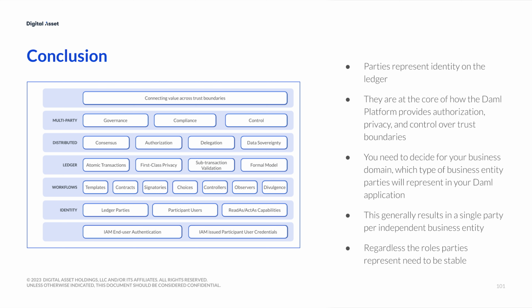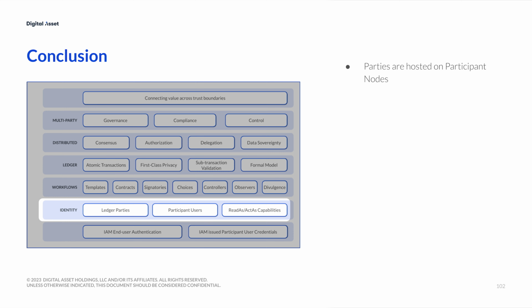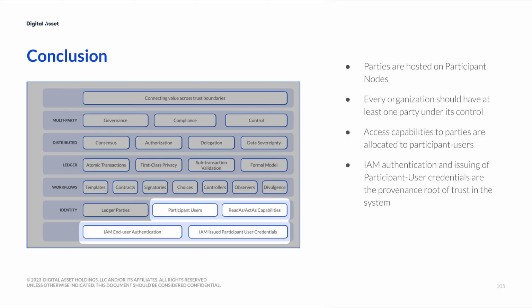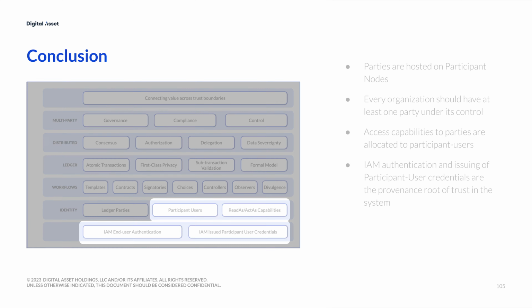Parties are hosted on participant nodes. And to strengthen the chain of trust, every organization should have at least one party under its control. Access capabilities to parties are allocated to participant users, which makes the issuing of authentication credentials by each participant's IAM the provenance root of all trust in the system.